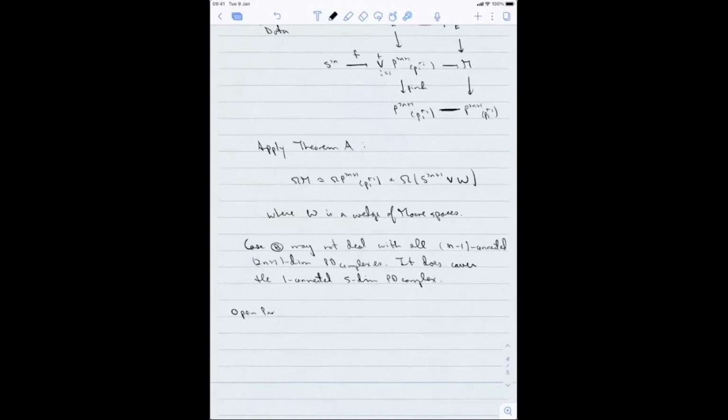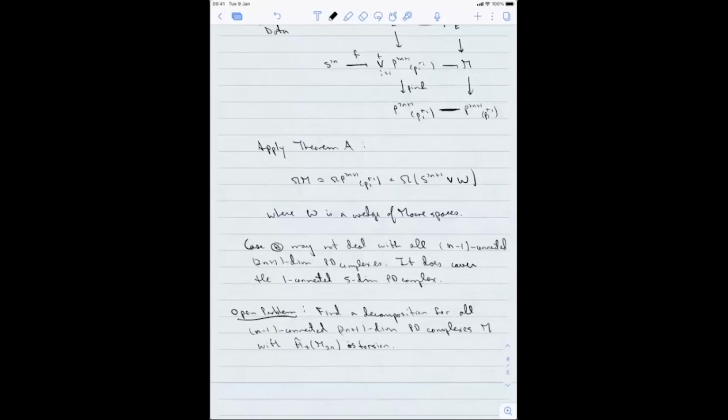But this does leave some cases unaddressed. So here's an open problem. Find a decomposition for all n minus 1 connected, 2n plus 1 dimensional Poincaré duality complexes, say M, whose 2n skeleton is torsion.